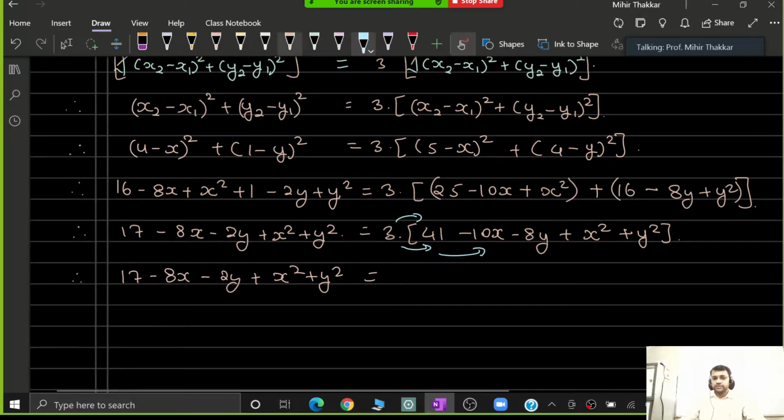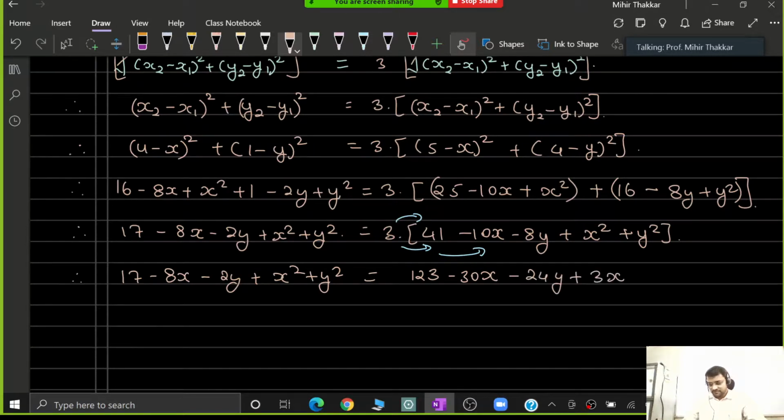Okay, so in that case 3 into 41, that will give you 3 into 1 is 3, 4 into 3 is 12, so 123, minus 10 into 3 is 30, so 30x, 8 into 3 is 24, so minus 24y, plus 3x square plus 3y square.